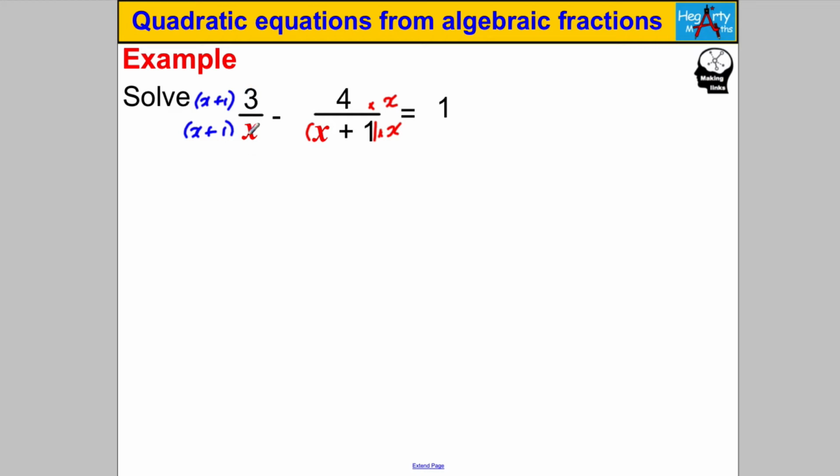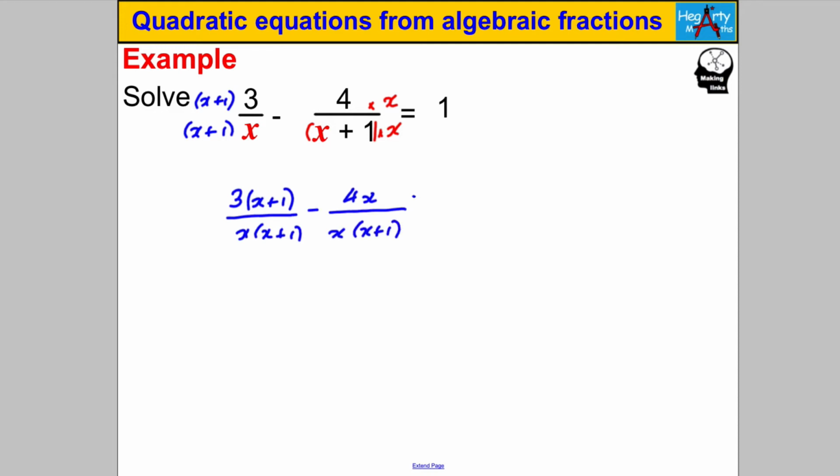Now if I do that, on this one I'm going to get, just don't expand it out in one go, write 3x add 1 like that over x add 1. And here, subtract, don't forget you've got to subtract. 4 multiplied by x, just write as 4x, and on the bottom write that as x plus 1, so it looks like the other one.